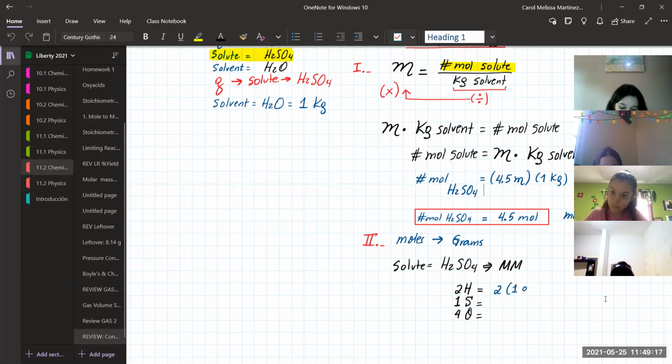I replace sulfur by 32 grams because I rounded, okay? It's okay to round. And I replace oxygen by the atomic mass, which is around 16 grams. So this gives me 2 grams, 32 grams, 64 grams. How much do I have in total?